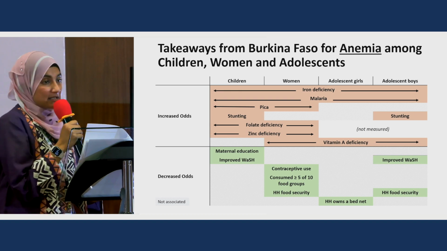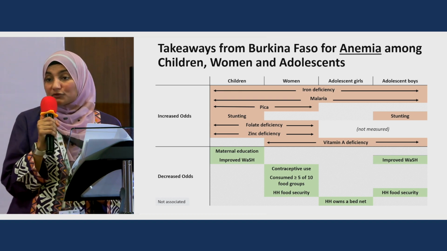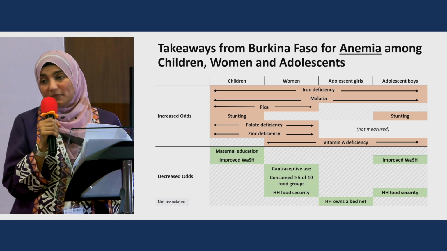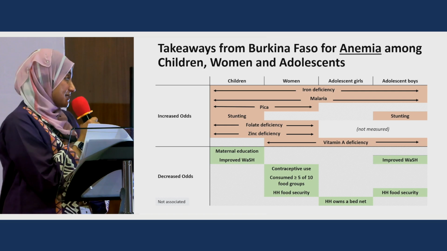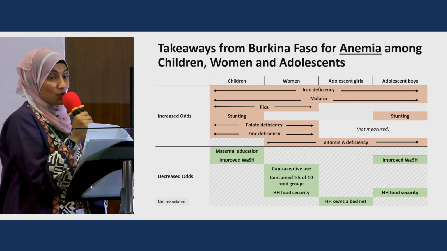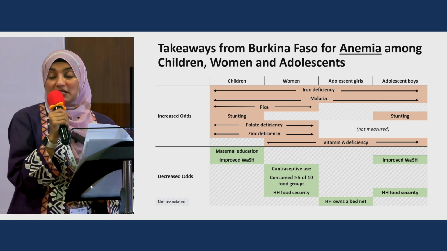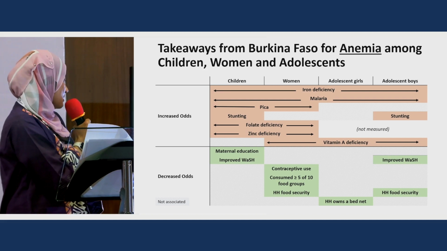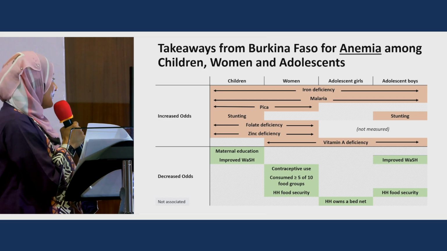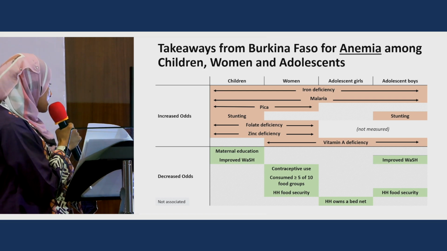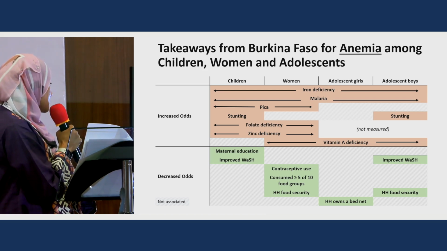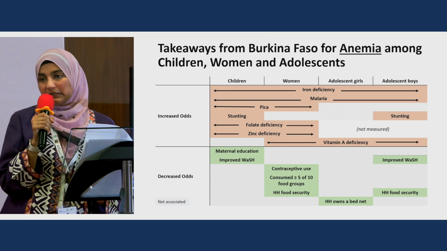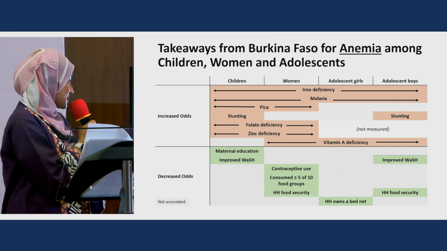An interesting fact in Burkina Faso is that there is a vitamin A supplementation program for children, which could be a reason why we do not see vitamin A deficiency as a major determinant of anemia. Among those variables that were associated with decreased odds, there were none that were common across all four population groups.